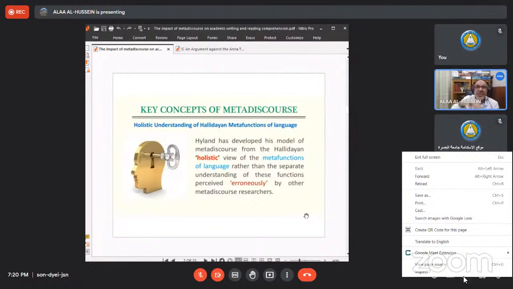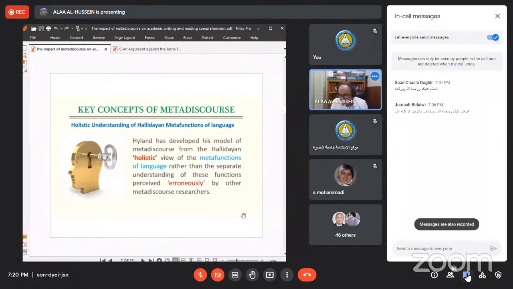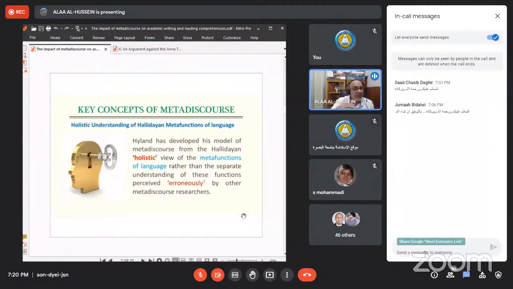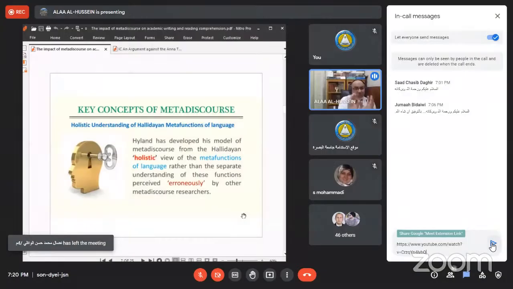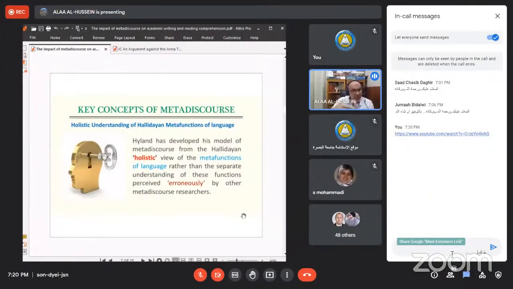Focused on the text itself and its organization. On the other side, we have the interpersonal function of meta-discourse. The interpersonal function of meta-discourse are those meta-discourse markers that show direct interaction with readers. So they separate them from each other.